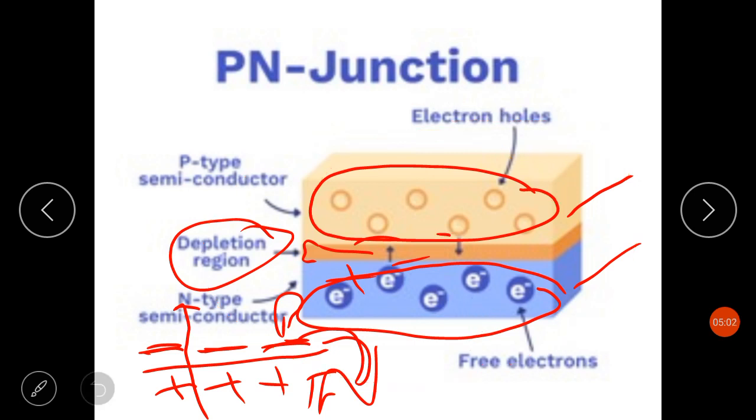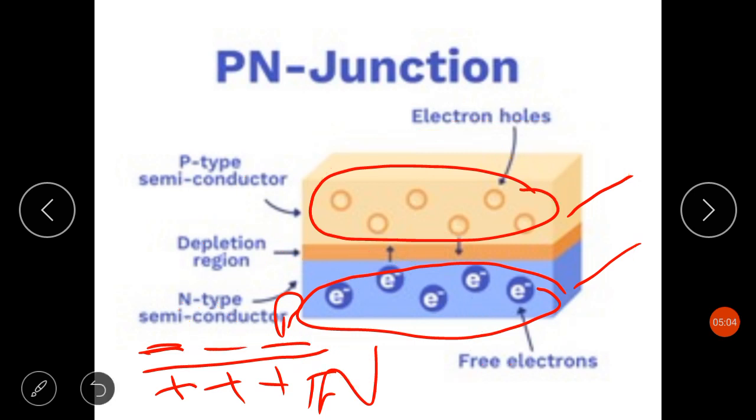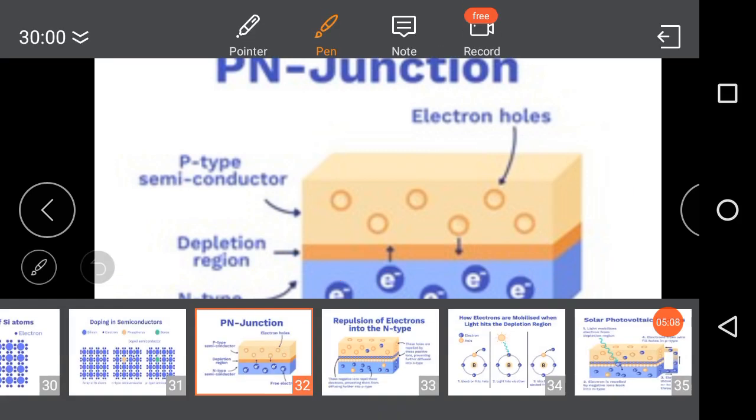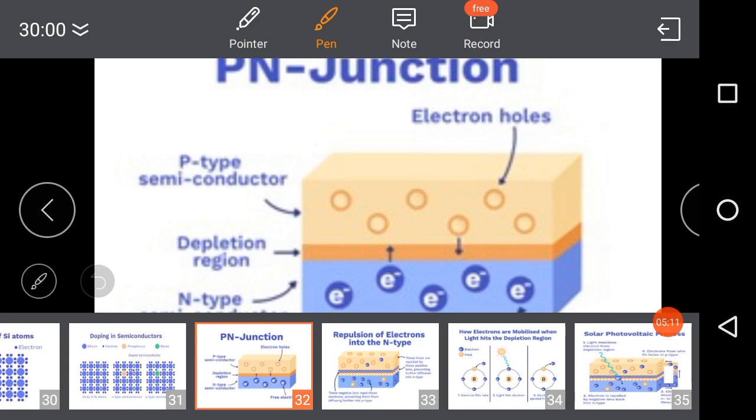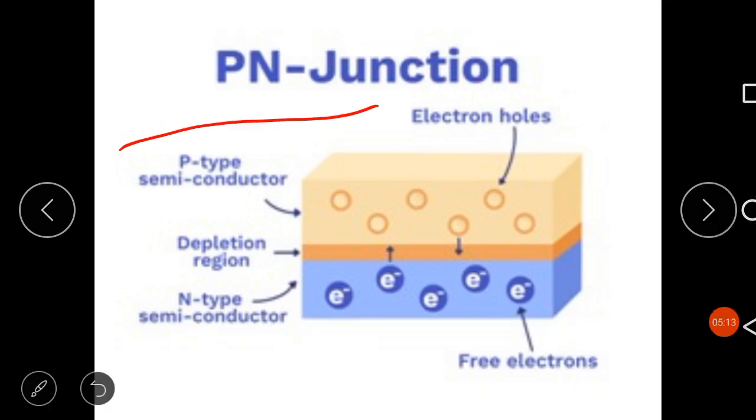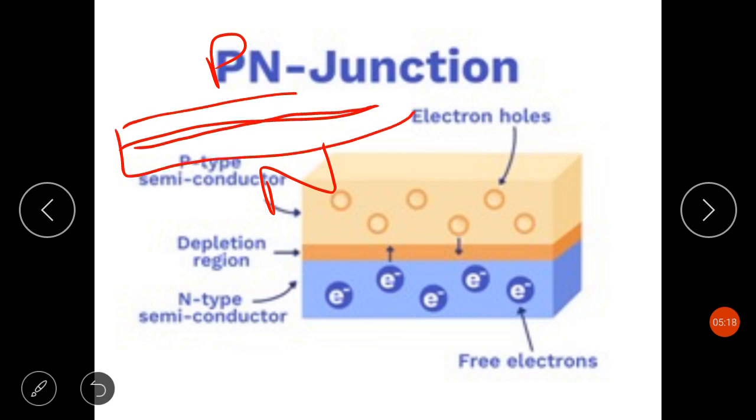One more thing I would like to conclude here: this is the P side, this is the N side, this is the interface, and this is the depletion region.